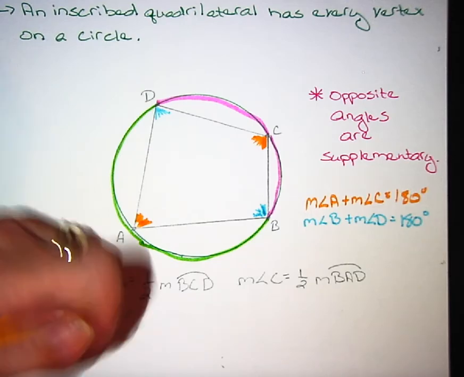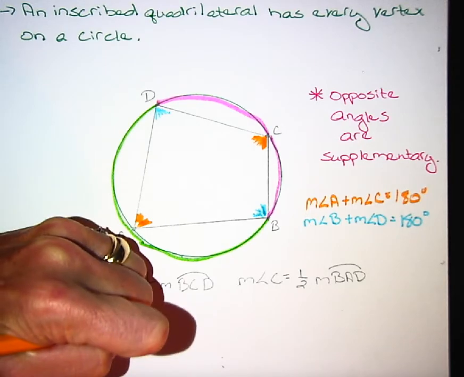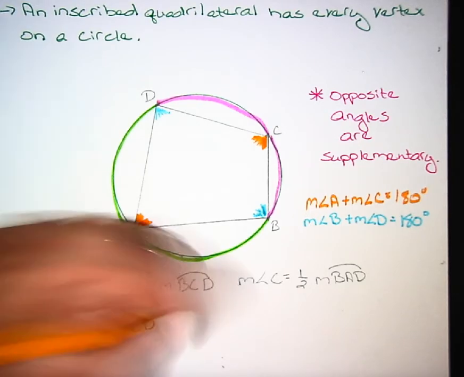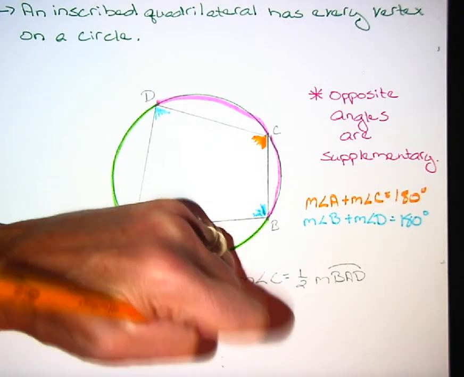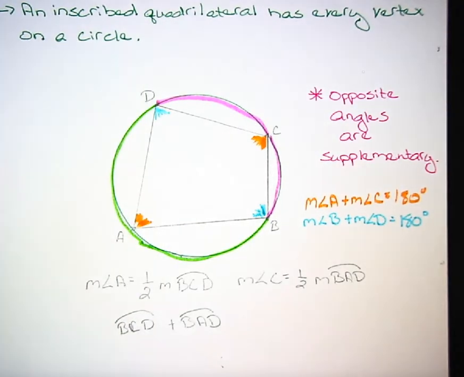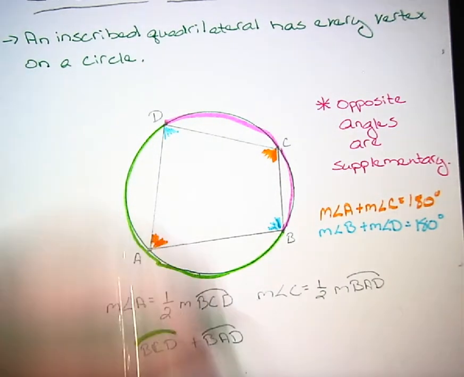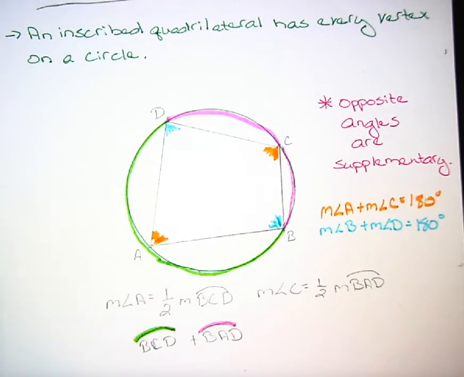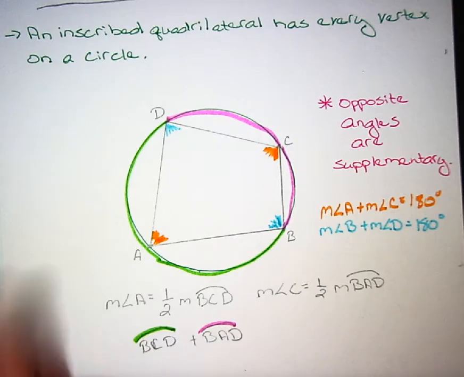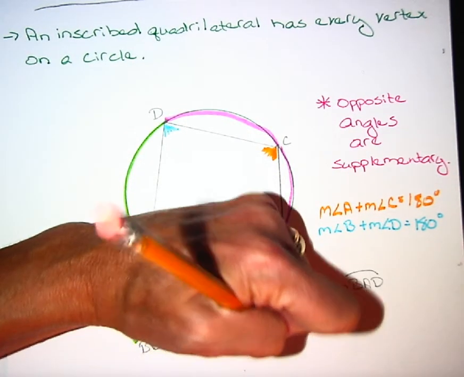So if I take BCD and I add that to BAD, my two arcs, my green arc and my pink arc, I think I got those backwards, but that's okay. The two arcs added together equal 360 degrees.